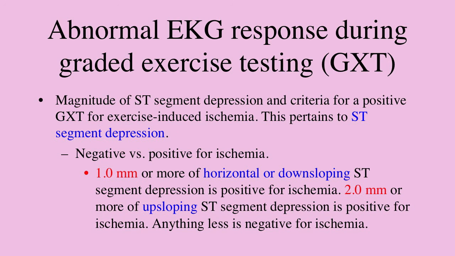This pertains to the ST segment depression, and we're really asking how much ST segment depression is there, and we're trying to make a diagnosis of a negative versus a positive GXT for ischemia.